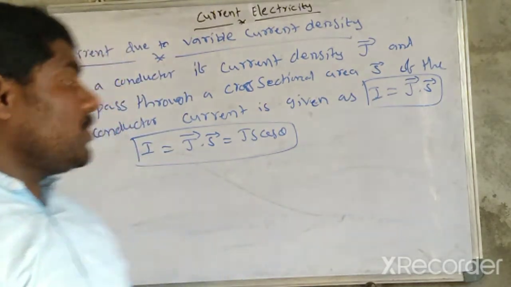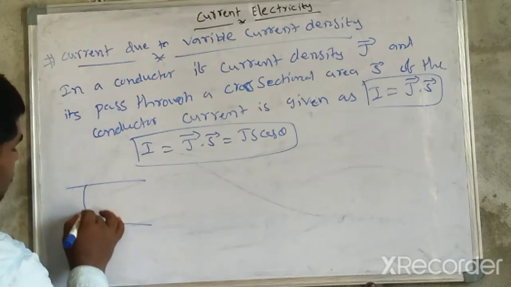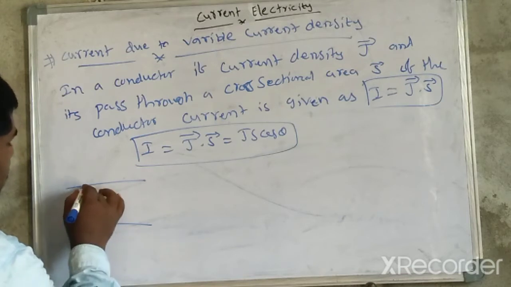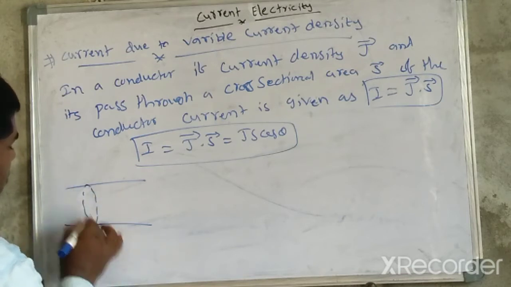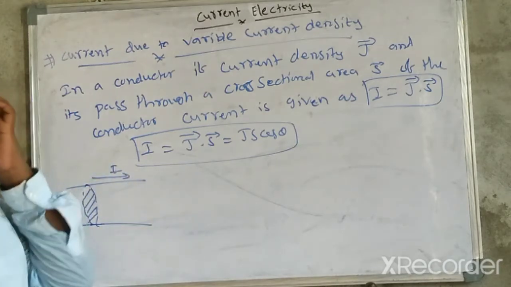That's why let us consider this one cylinder, with the cross sectional area like this. This is the current direction.